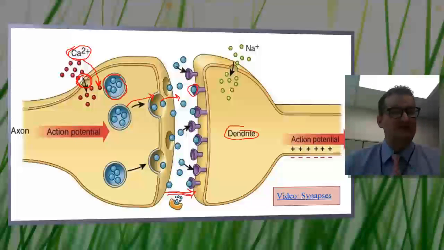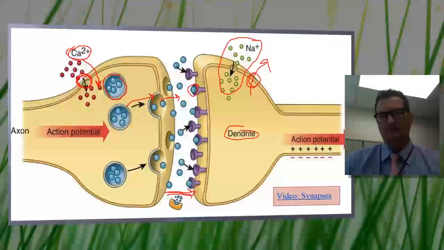If the impulse is inhibitory, the potassium channels open and the impulse stops. So it would be potassium channels on the dendrite that would open, and potassium would rush out, and that would prevent the impulse from propagating. In excitation, which is shown here, the sodium channels are opened on the dendrite so that the action potential can continue.